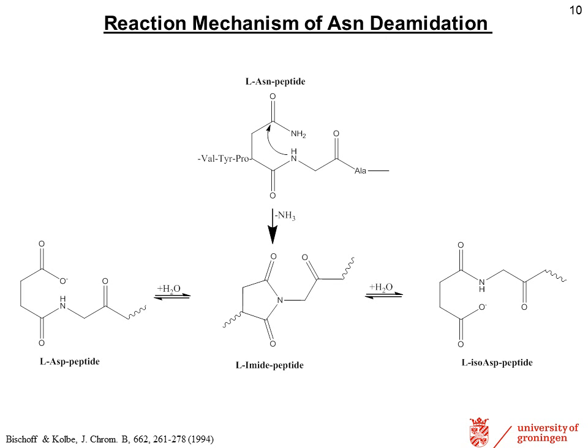Now this cyclic imide can open in 2 directions, by hydrolysis with water, either to the natural L-aspartic acid peptide or to the unnatural L-isoaspartic acid peptide.